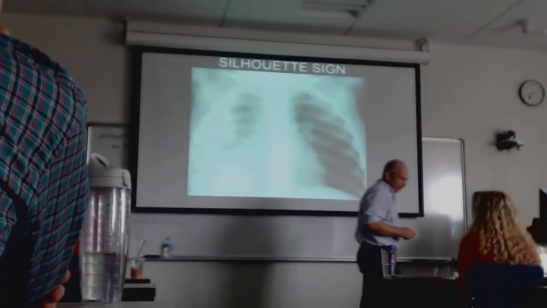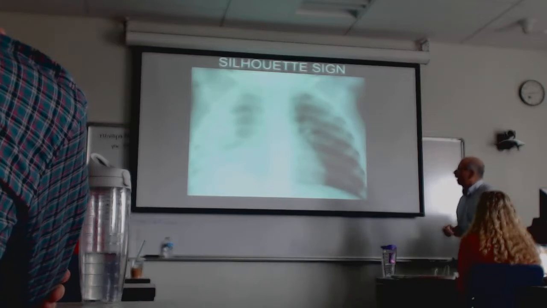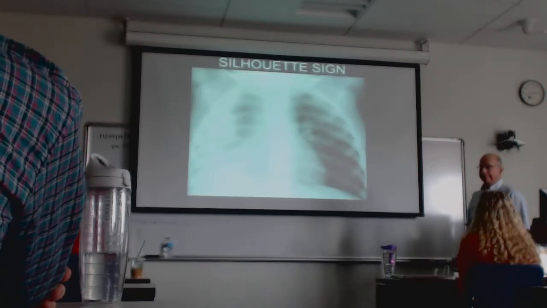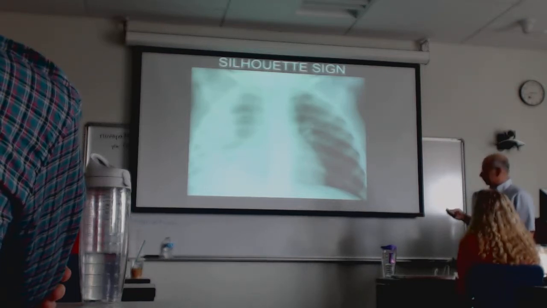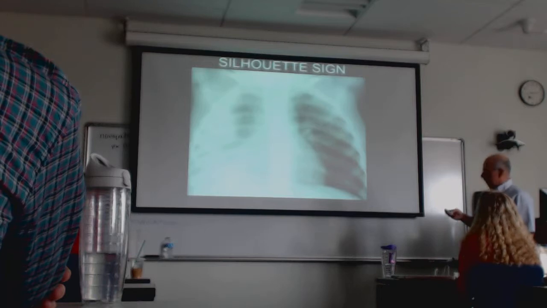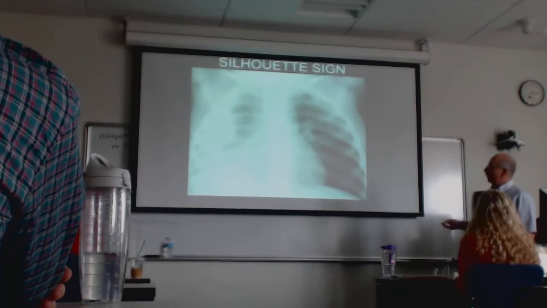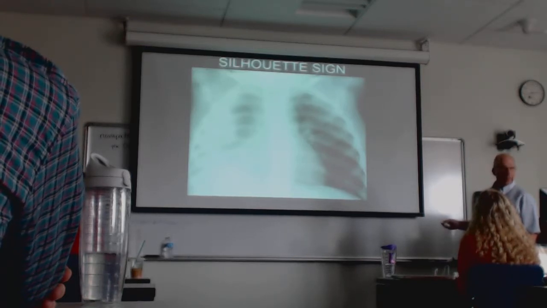So, here's an image. Anyone care to opine on this one? What are you seeing? How would you describe this? There's an opacity in the lower half of the right hemithorax that obscures the right heart margin.